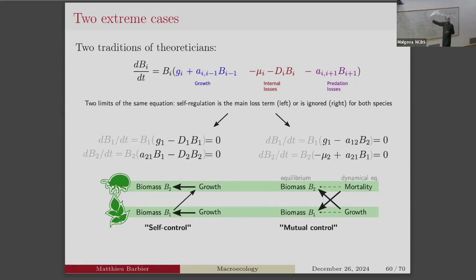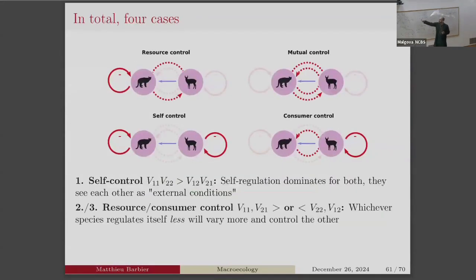In fact, there are 4 possibilities in this dichotomy. It's not just whether the prey is controlling the predator or the predator is controlling the prey, which was suggested by this idea of whether the urchin is controlling the otter or the otter is controlling the urchin. You have all 4 possibilities: each species could be controlled by itself or by the other, right?